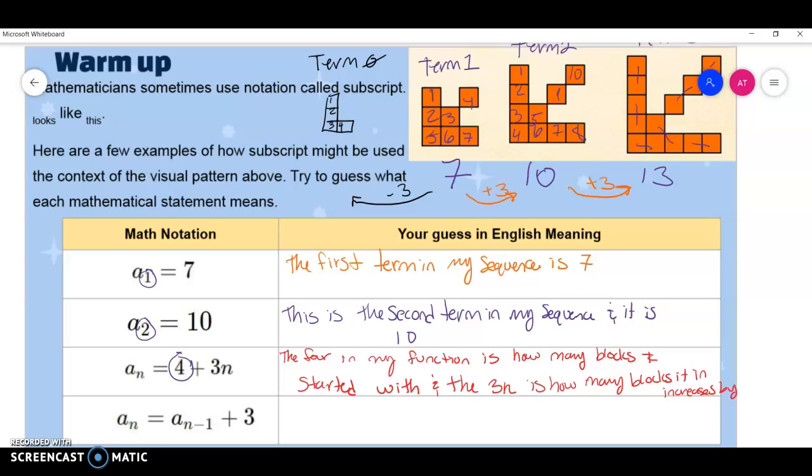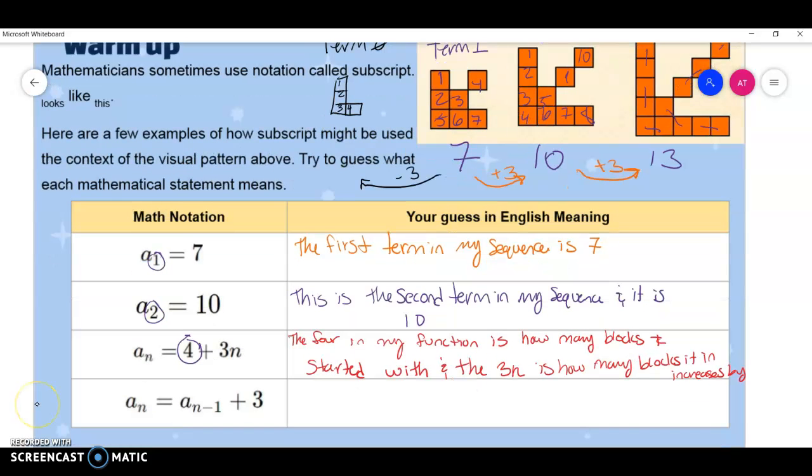So if I was going to look at the bottom one here, this bottom one looks a little bit funky, and it might be weird, but it's totally fine. So a subscript, we can also say a sub. So a sub n equals a sub n minus 1 plus 3.